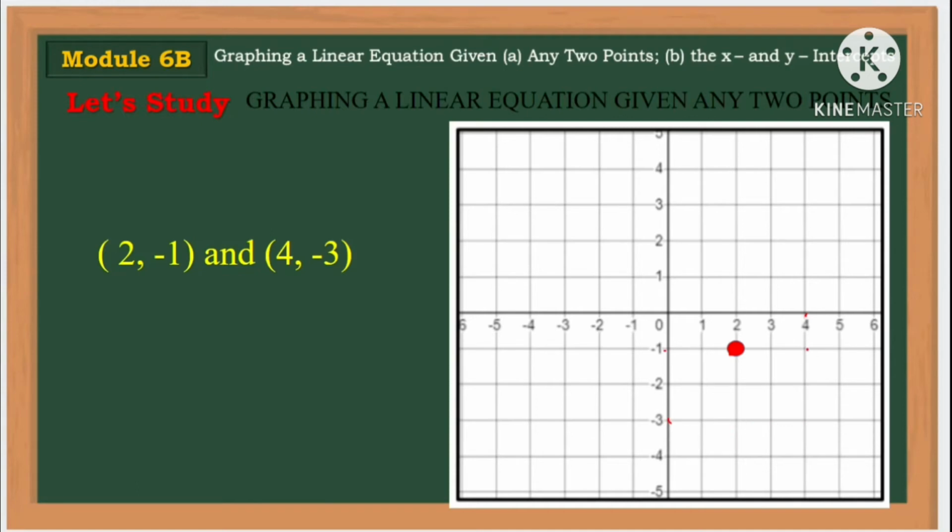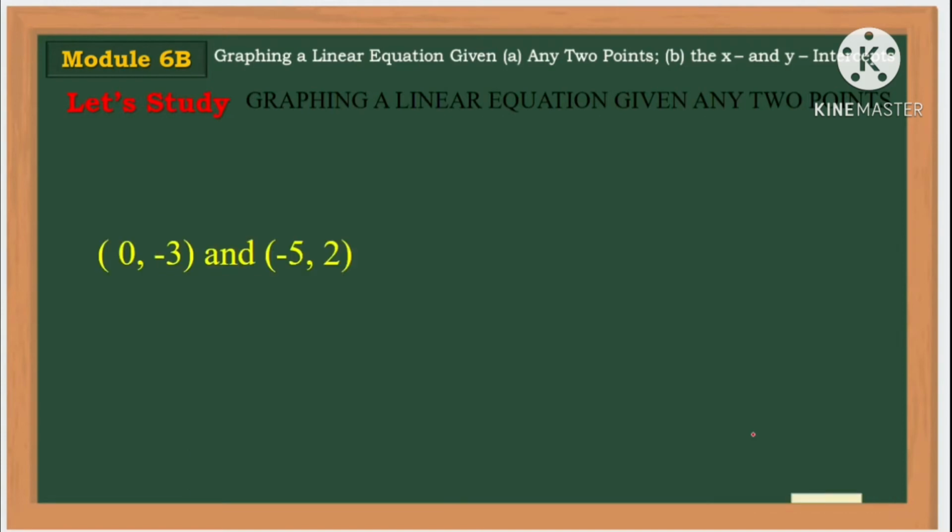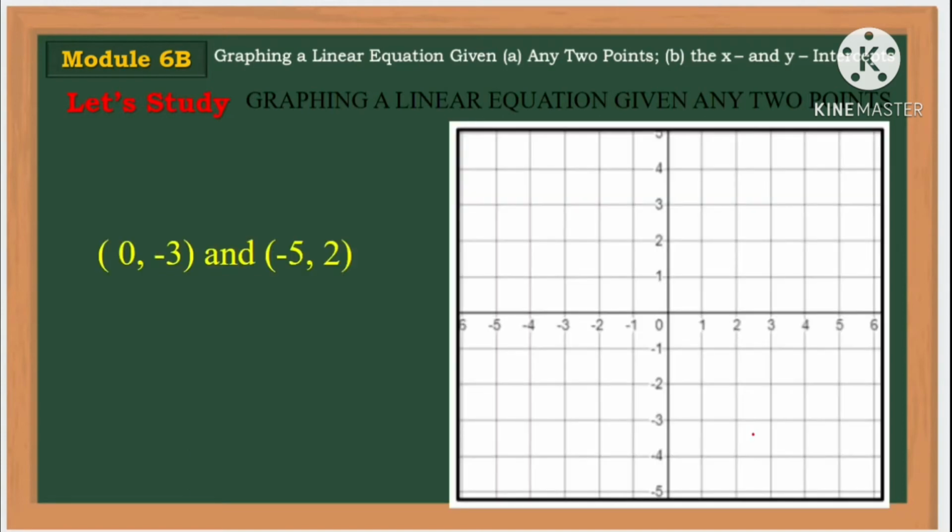So meet up here. Dito sila pinagtagpo. Dito ang point natin. Then draw a line. Ito ang graph natin. So the slope is negative. Very good.